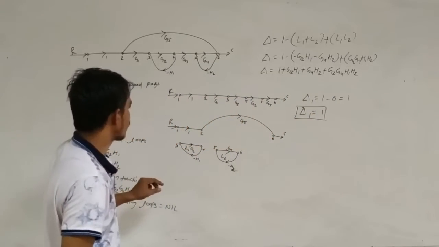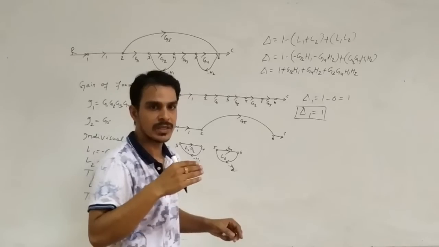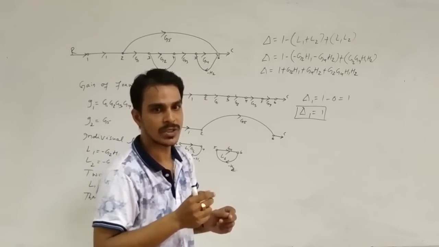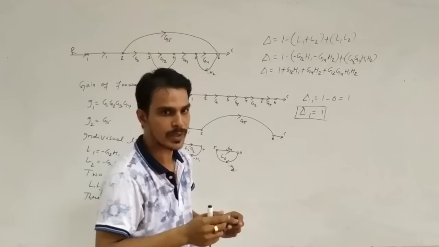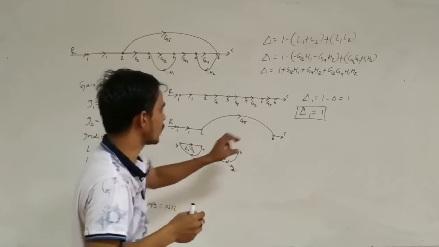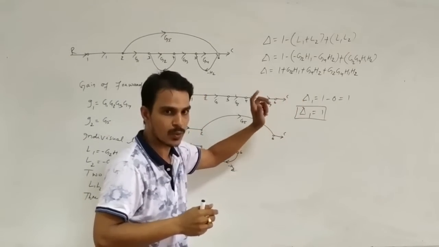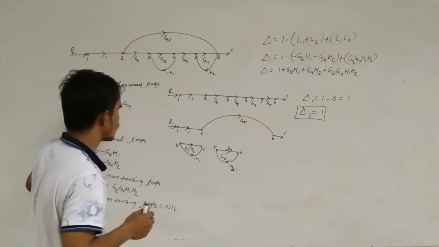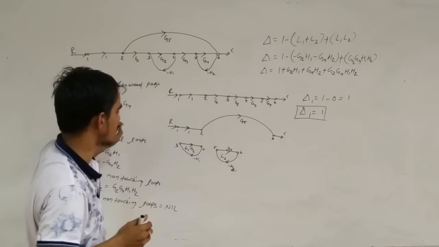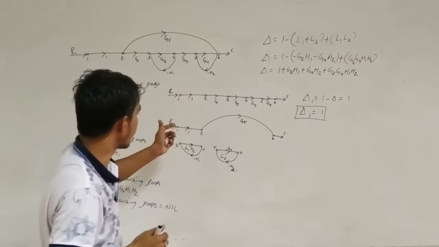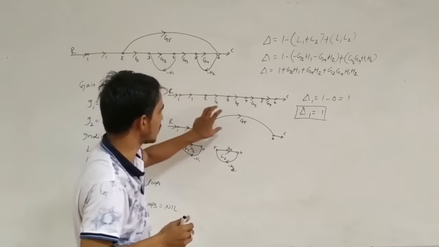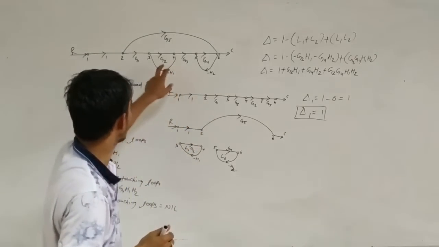Similarly, delta 2 is equal to what? 1 minus the loop gain which is not touching the kth forward path. So while finding delta 2, we have to consider forward path G2, this forward path. Any loop available which is not touching this forward path? Yes, one loop is available.